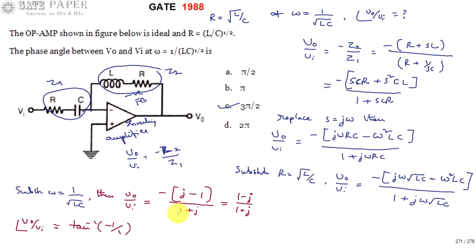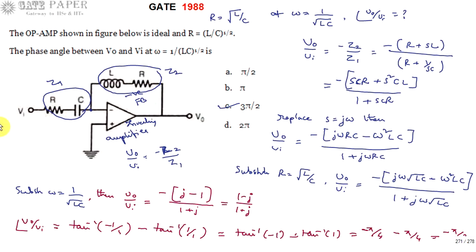For the denominator, you write minus tan inverse of imaginary by real, which is 1. Tan inverse of minus 1 is minus tan inverse 1, and tan inverse 1 is pi by 4. So minus pi by 4 minus pi by 4, that is minus 2 pi by 4, minus pi by 2. Minus pi by 2 is the answer.